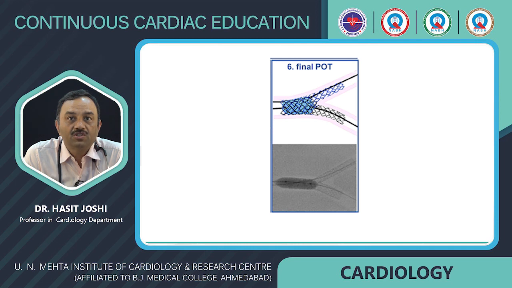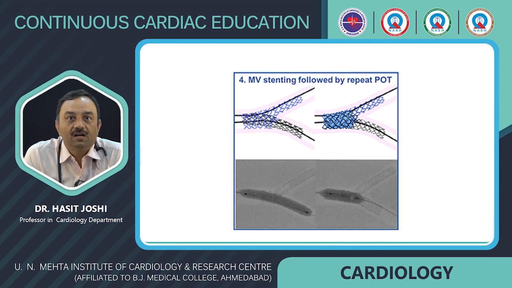Like this, reverse culotte, as in reverse T-tap, and then put a stent from the main vessel to the distal main vessel. So there is an overlap of about 8 to 10 millimeters of both the struts, and then recross the side branch and do kissing balloon and final POT.